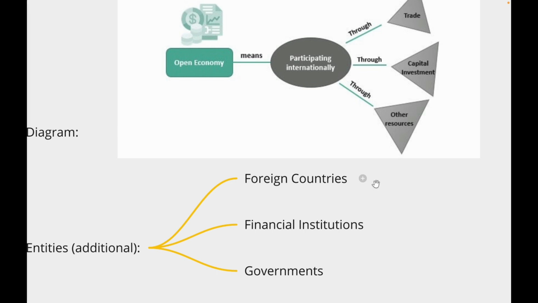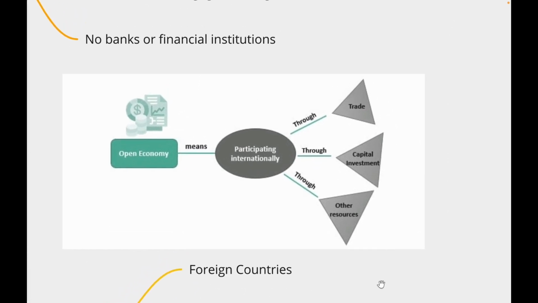So right here, the economy will participate internationally and engage with foreign countries through trade. They can make exports or they can make imports. And then next we have the capital investment. And this is what they use to engage with the financial institutions.